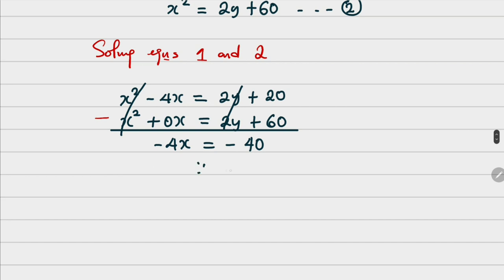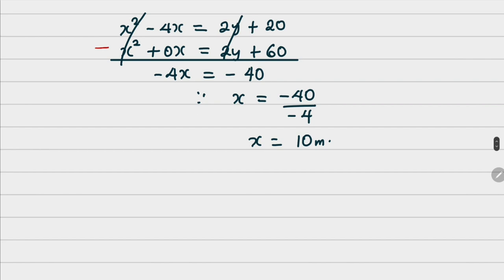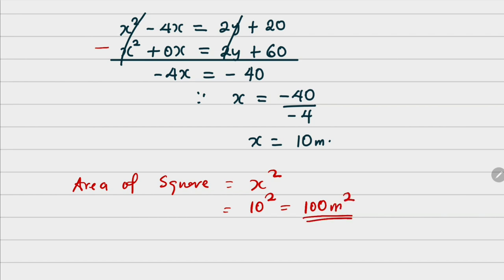So at the end of the day, I'm going to have x equals minus 40 divided by minus 4. So my x is going to be what? 10 meters. So I've gotten my x. Remember we said that the area of the square is actually x squared. So this is going to be 10 squared, which is 100 meters squared. So this is the area of the shape.